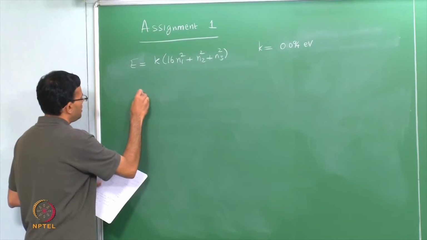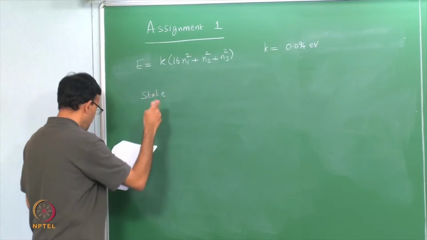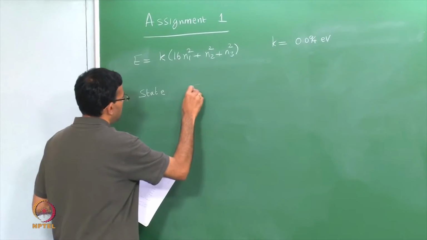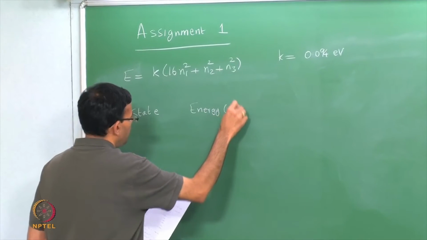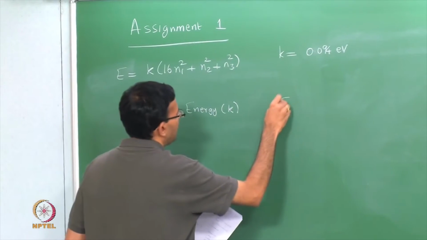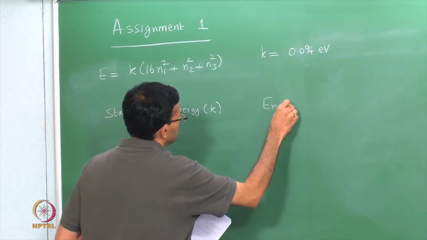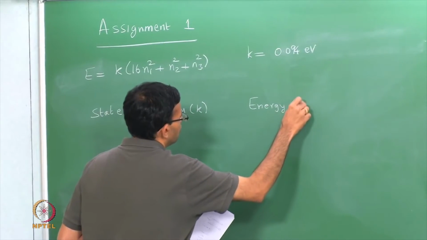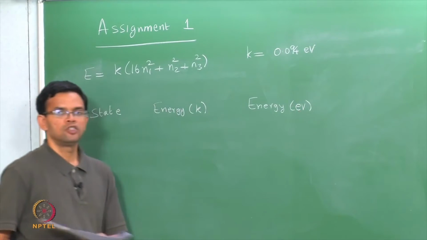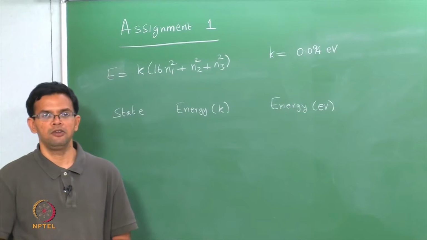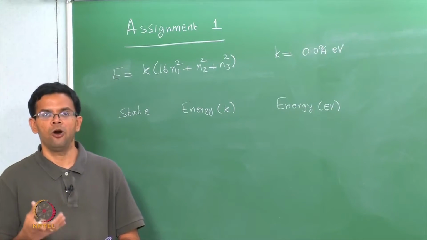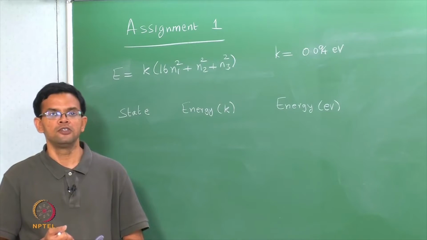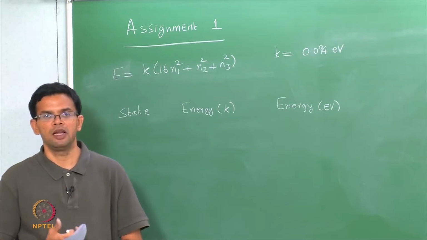So, let me write a table. The first is state, next is energy in terms of k, and then finally energy in electron volts. So, we said that n1, n2 and n3 should all be integers and they should all be greater than 0. So, 0 is not an acceptable number.